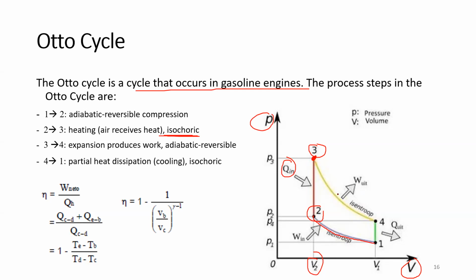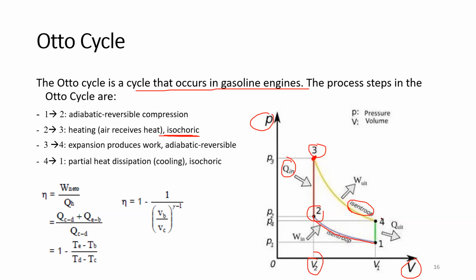So the volume of the chamber is increasing while the pressure drops, isentropically, or we call it adiabatic reversible. This is also known as the power stroke, because it is when the thermal energy is turned into motion to power the machines or vehicles.